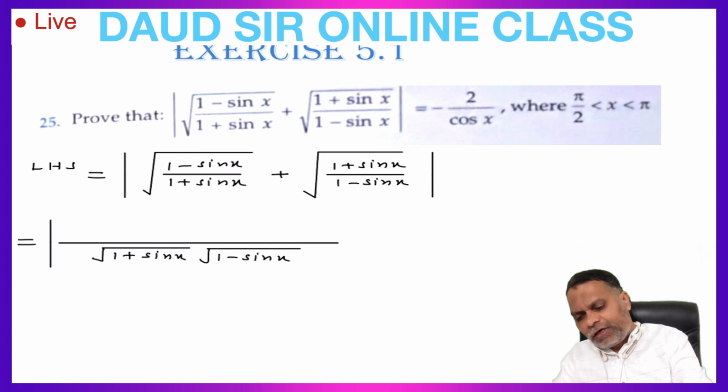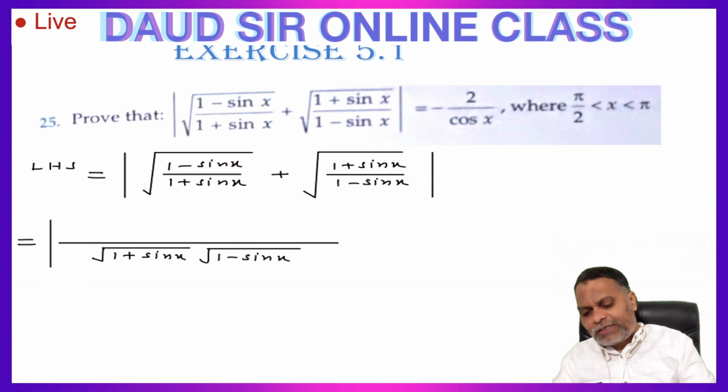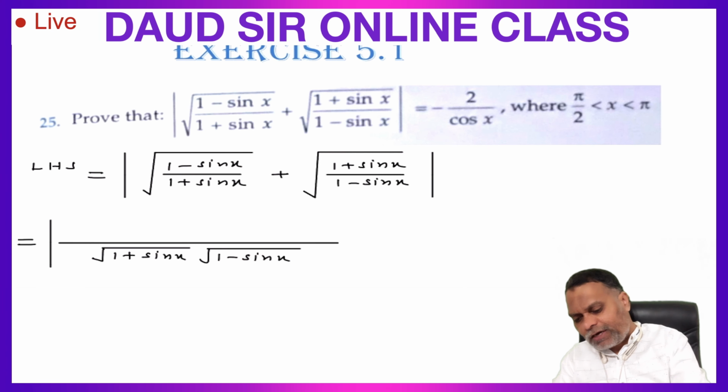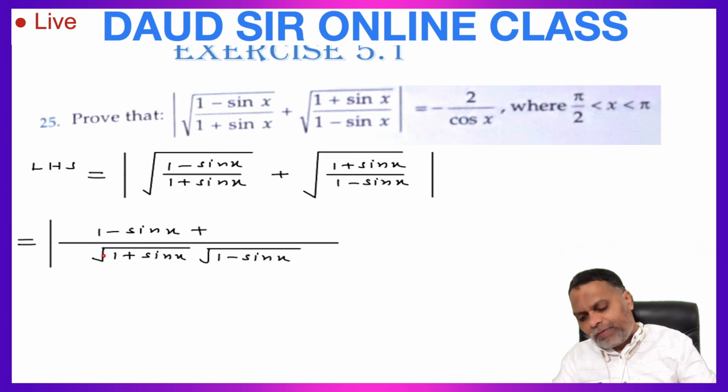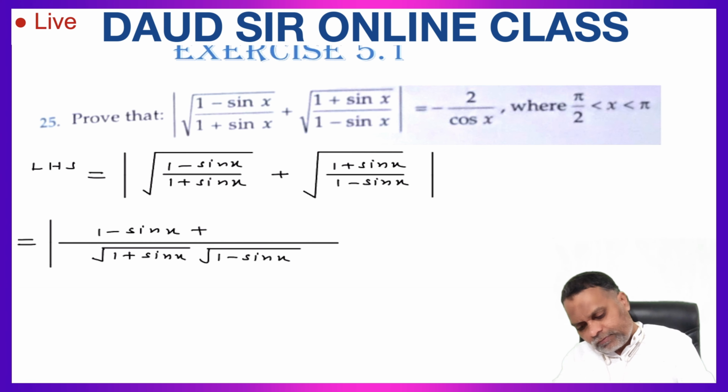Dividing by under root 1 plus sin x, this is cancelled, and multiply by under root 1 minus sin x here. So under root 1 minus sin x, under root 1 minus sin x, it will become 1 minus sin x only. Plus dividing by under root 1 minus sin x, this cancelled, multiplying under root 1 plus sin x into under root 1 plus sin x, so the under root sign will be removed. So 1 plus sin x, it is 1 plus sin x only.